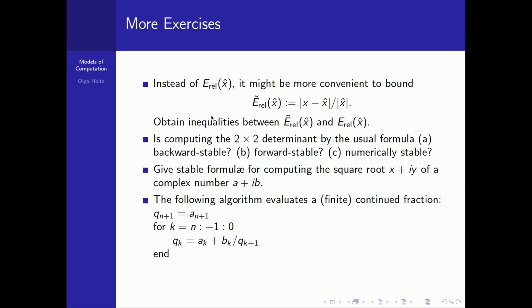So you go backwards. This is a bit of MATLAB notation: you go from n to 0, but with a step size of minus 1. So I took the liberty of using a little bit of MATLAB notation here. And then q_k is set to be a_k plus b_k divided by q_{k+1}, the previous one, which is actually further to the right if you think of it. After running this, you obtain the value of your continued fraction.